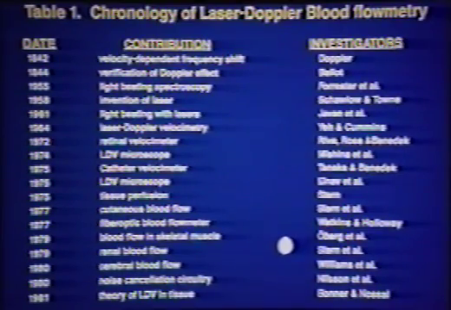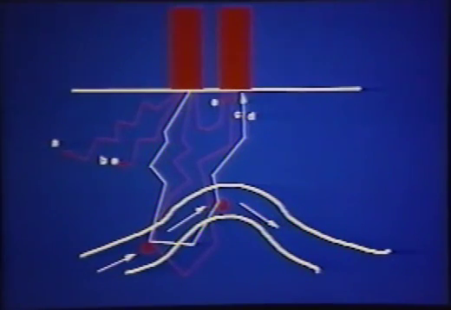And it was not until the early 80s that Bonner and Nossal published their theory and laid a foundation for the principle of the measurement. So once Bonner and Nossal published their theory, it served as a useful conceptual framework for the further development of these instruments.